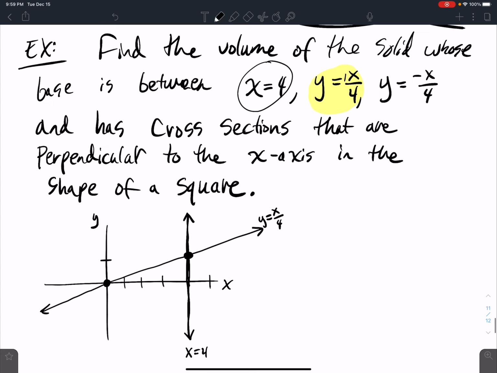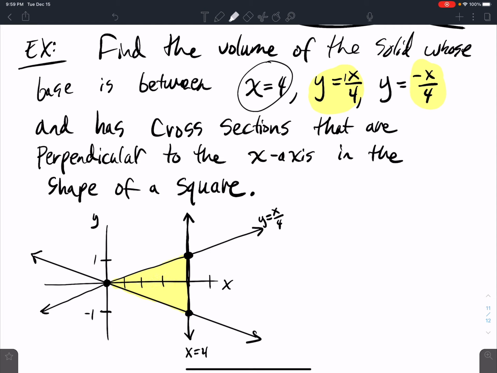And the other one, negative x over 4. So instead of going up 1, it's going down 1 over 4. And so something along those lines there. Now, the volume whose base is between these curves, so the base is this triangle right here.